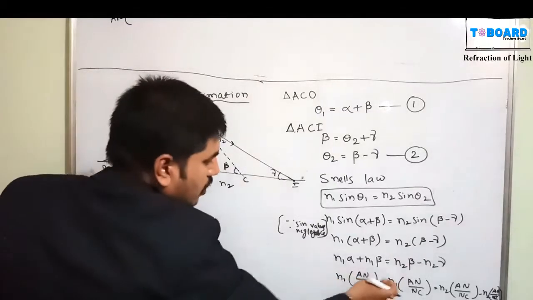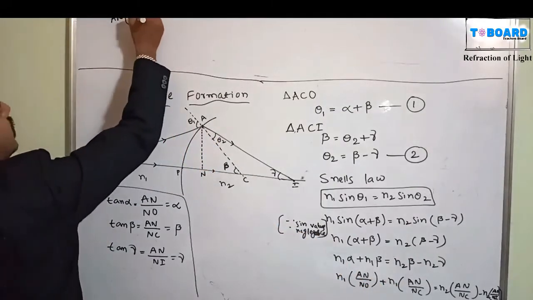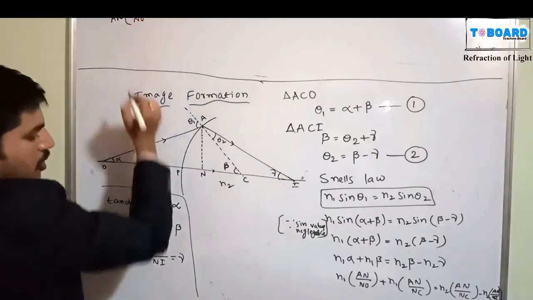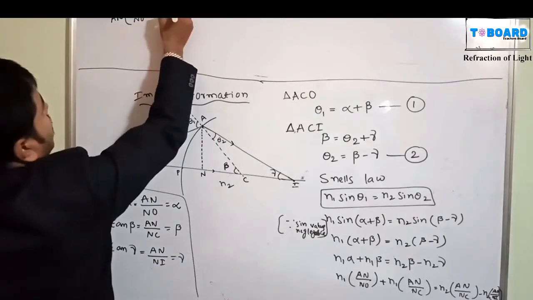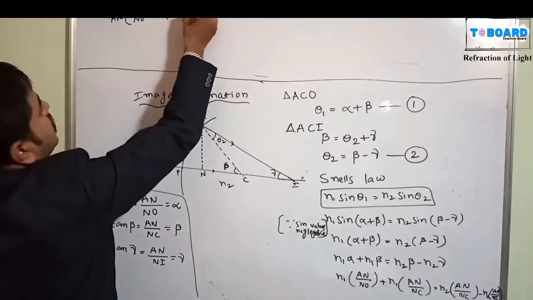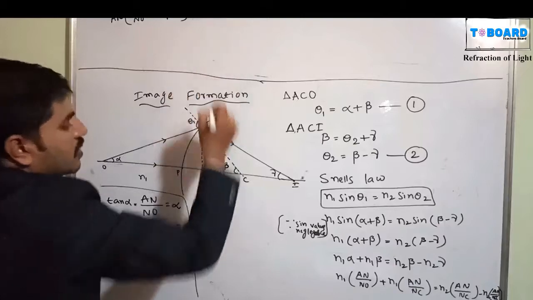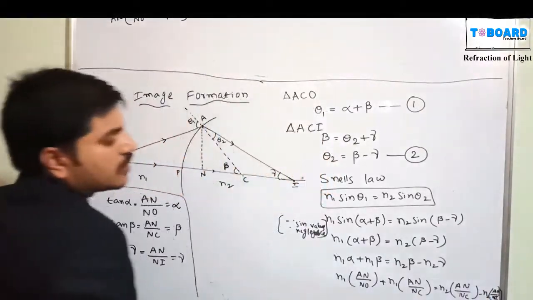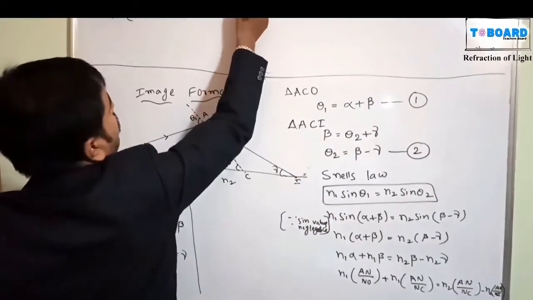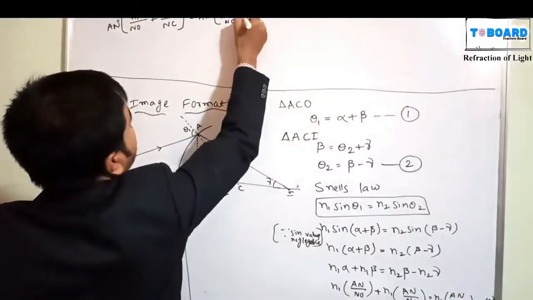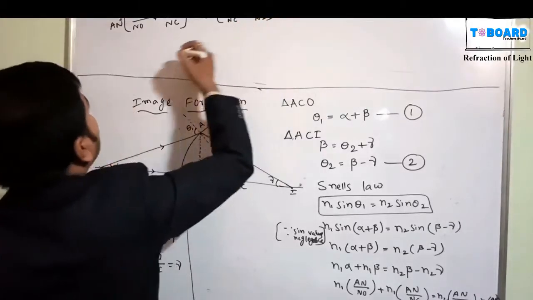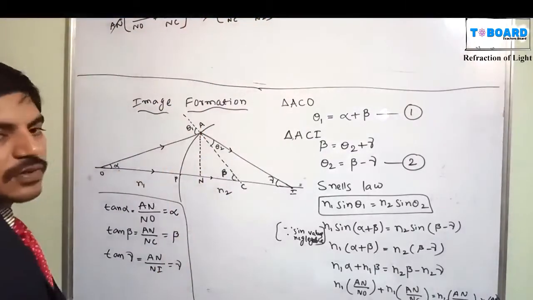Here we have N1 divided by NO plus N1 divided by NC. On the right side also, AN is common, so N2 by NC minus N2 by NI. Here the AN gets cancelled from both sides.